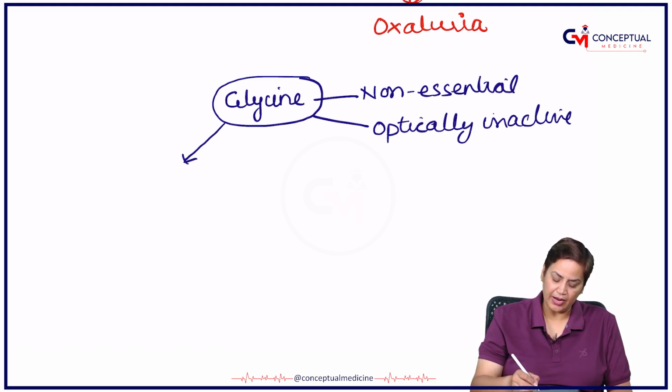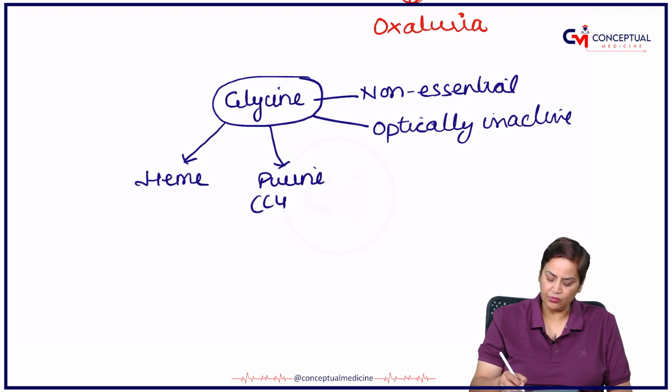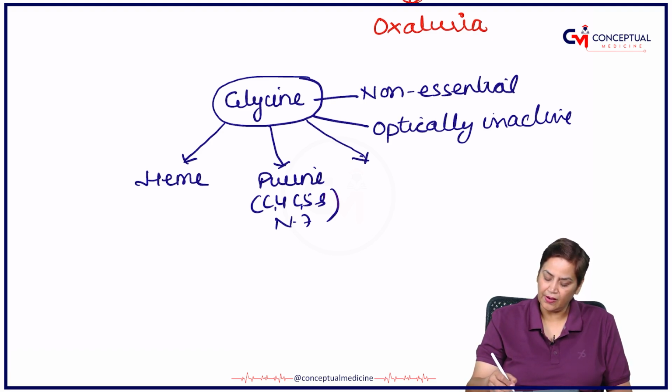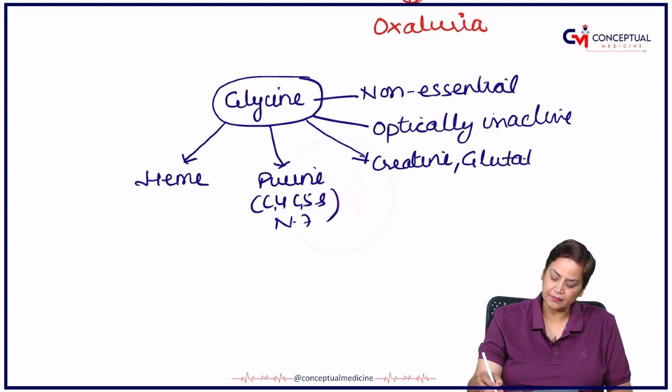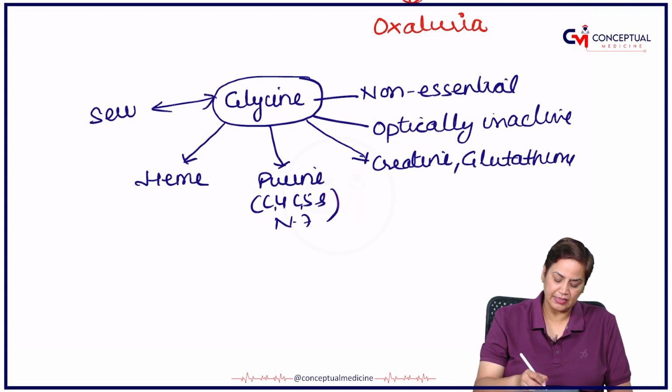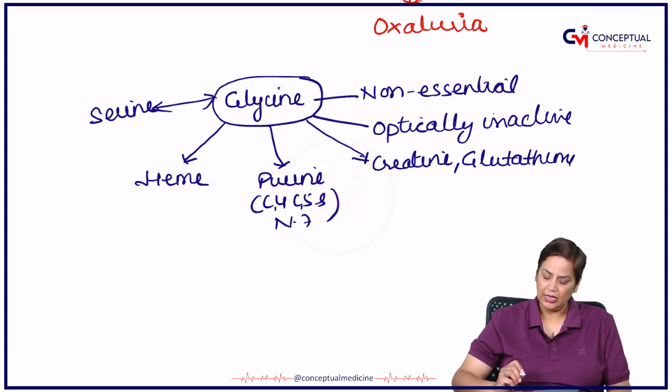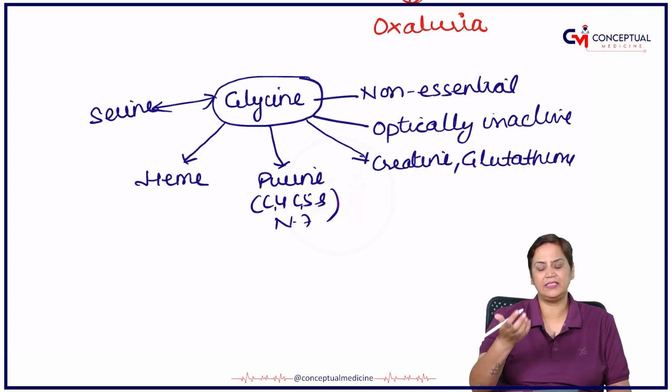Then glycine is required for the synthesis of heme, for the synthesis of purine nucleus, C4, C5 and N7, and it is required for the synthesis of bile salts, creatine and glutathione. And glycine can be converted into serine.